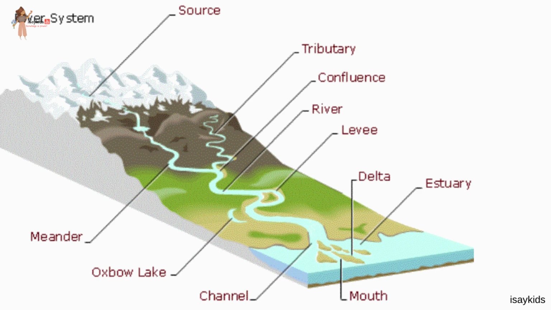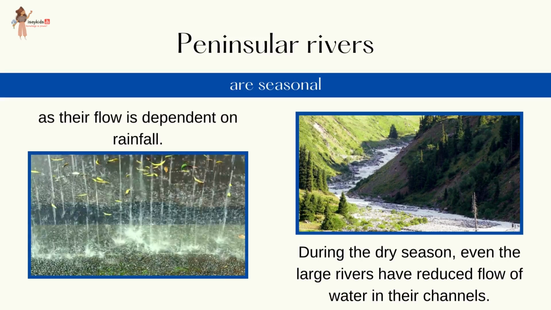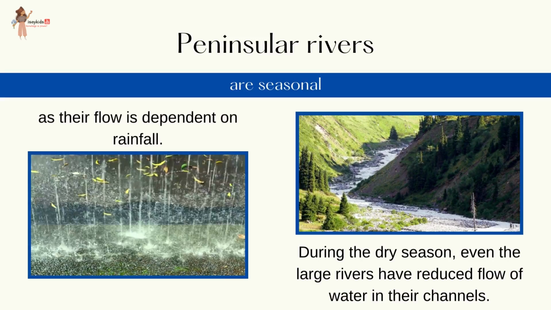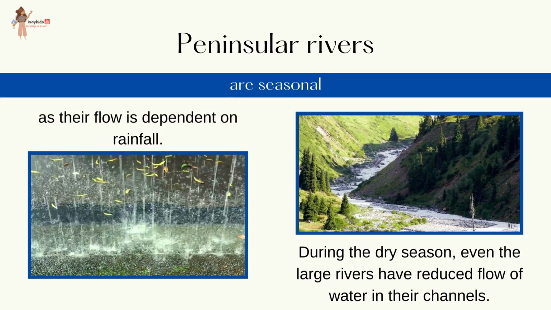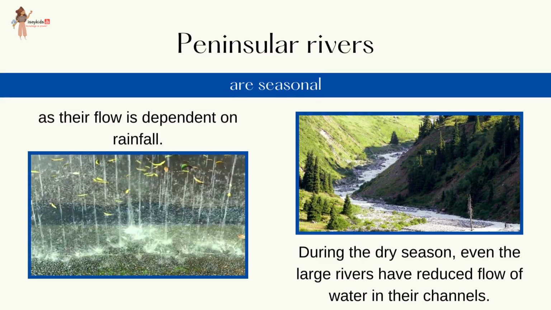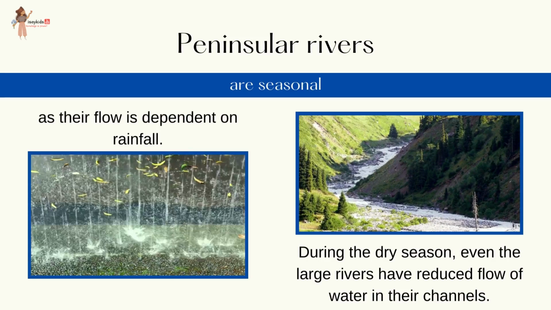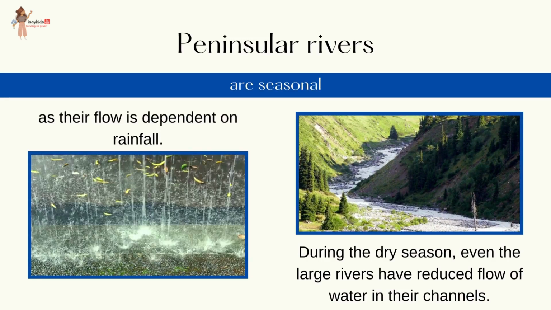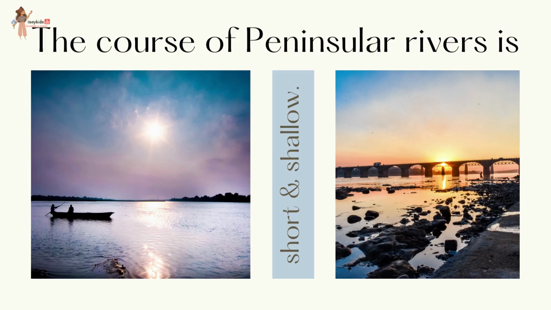Moving on, a large number of the peninsular rivers are seasonal as their flow is dependent on rainfall. During the dry season, even the large rivers have reduced flow of water in their channels. The peninsular rivers have shorter and shallower courses as compared to their Himalayan counterparts.